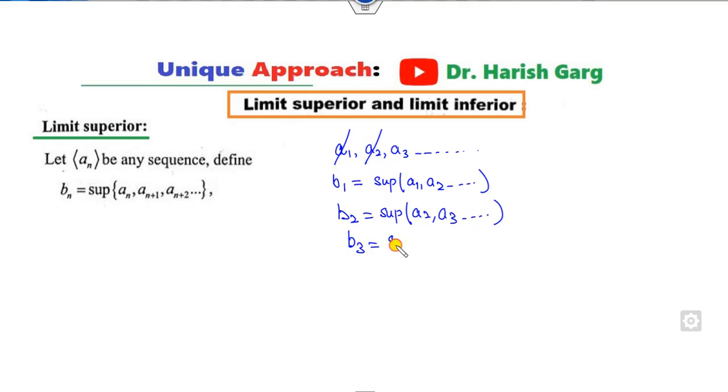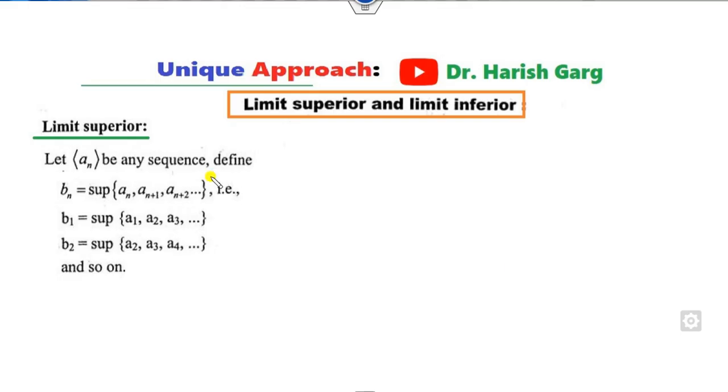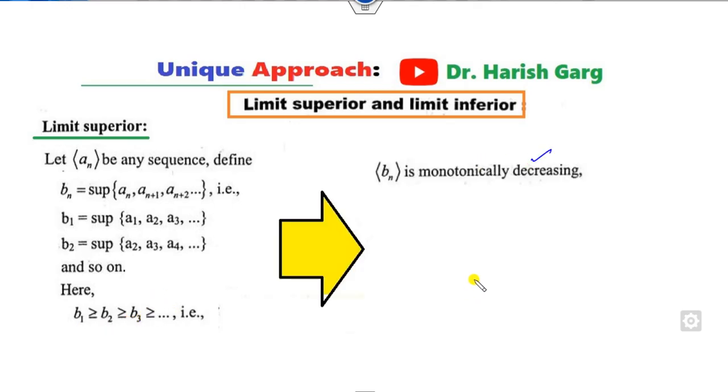You can skip the first two terms and then find the supremum of all the remaining terms. Because of this supremum, B1 must be greater than or equal to B2. Now since B1 is the larger value than B2, this is a decreasing sequence.